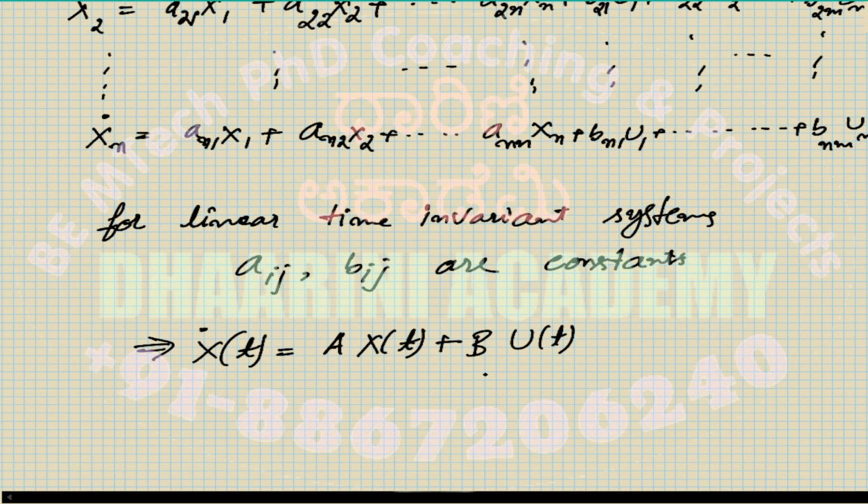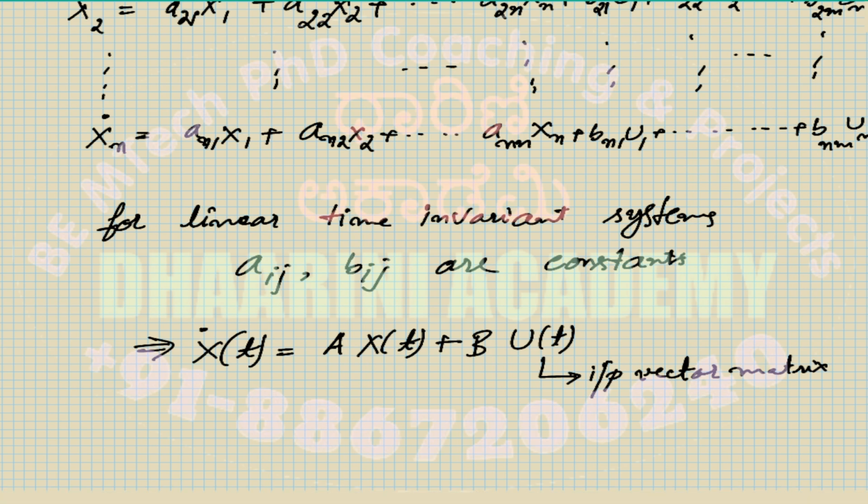What is u of t? U of t is the input vector matrix. B is called the matrix of constants which we multiply to the inputs.